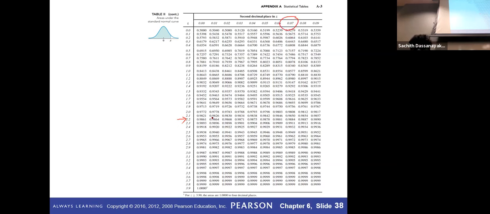So row value plus column value, this one. Yes, this one. So the area up to this point is 0.9884.